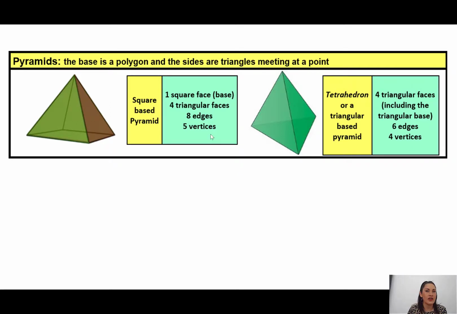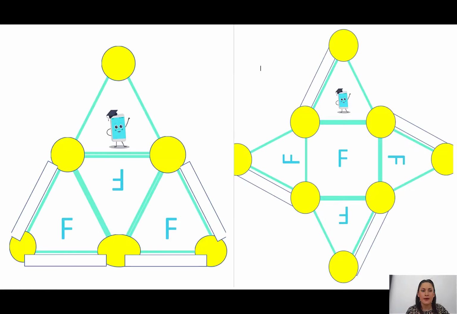You can also get different based pyramids, but we only need to learn about square base and tetrahedrons in Key Stage 2. So again, I have a printable template of two of our different types of pyramids. We've got the tetrahedron, which is the triangular base, and the square-based pyramid. I'm going to demonstrate just with the square-based pyramid now.